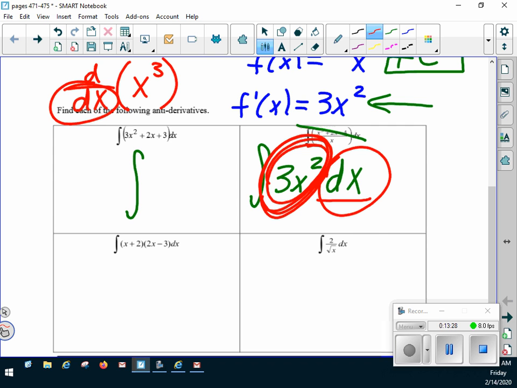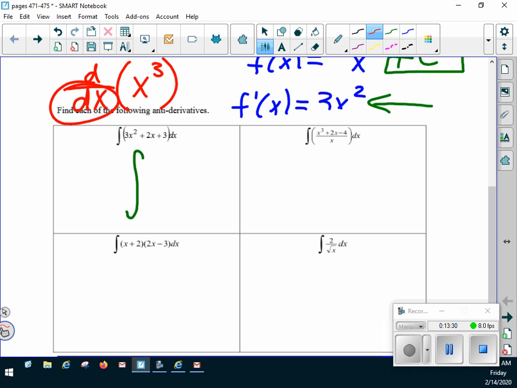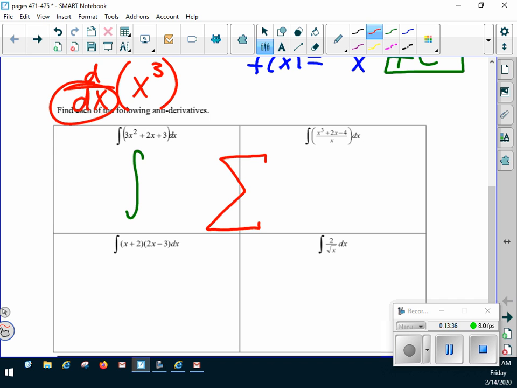Okay, let's go back to that symbol for a second. Do you remember from Algebra 2 seeing this? Sigma, and it means a summation. You will see soon, this can be interpreted as a summation.